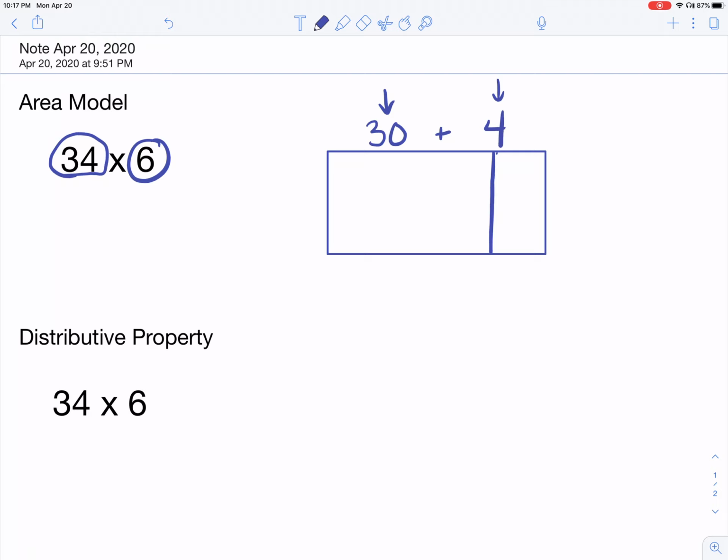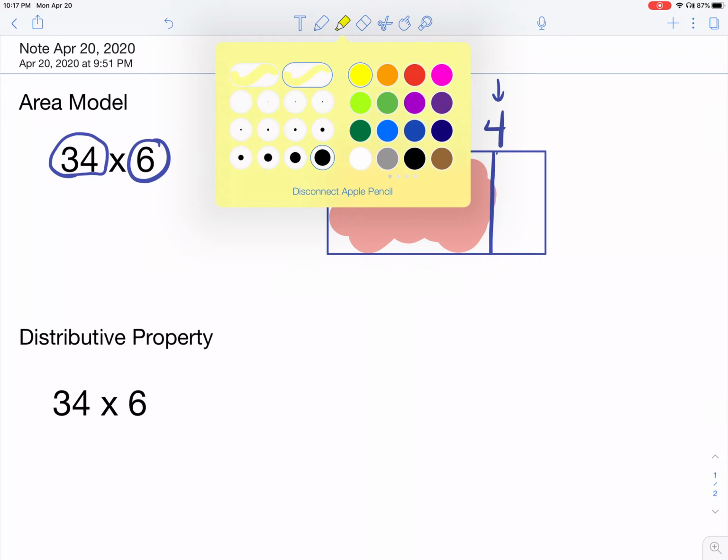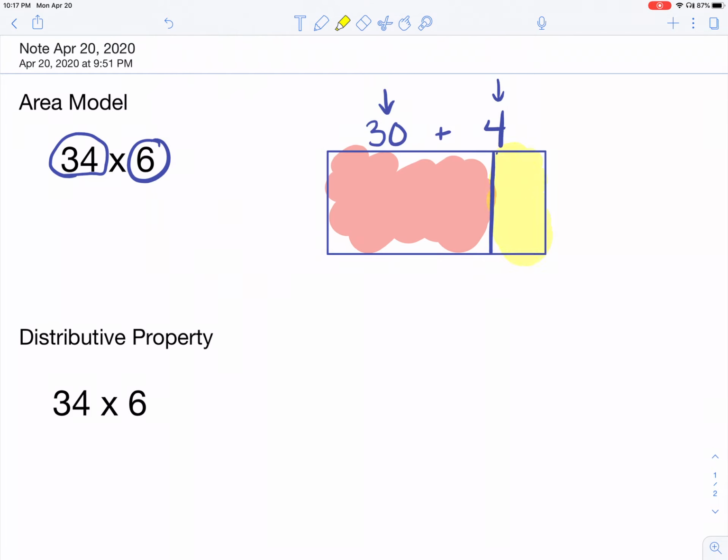The tens place would be this shaded in part over here, and the ones place would be over here. But when we're going fast, we don't have to worry about all that so much. So it's perfectly fine if you just put it right here in the middle, and you know that this is going to give you a partial product in here, and this is going to give you a partial product in here.